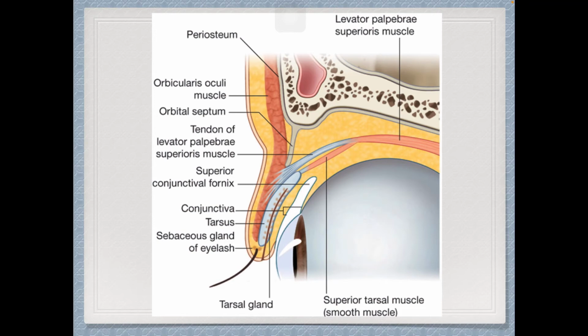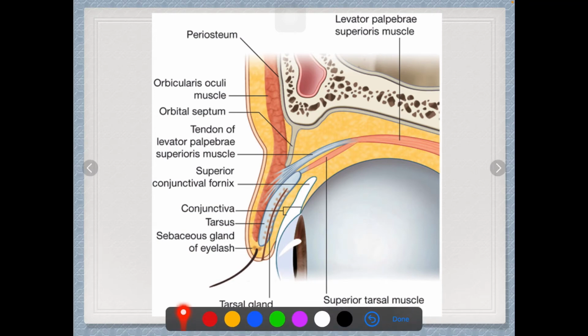This is a diagram of the upper lid. This diagram shows the frontal bone with the frontal sinus. This is the periosteum overlying the bone, and this structure is very important in preseptal cellulitis as well as in orbital cellulitis.